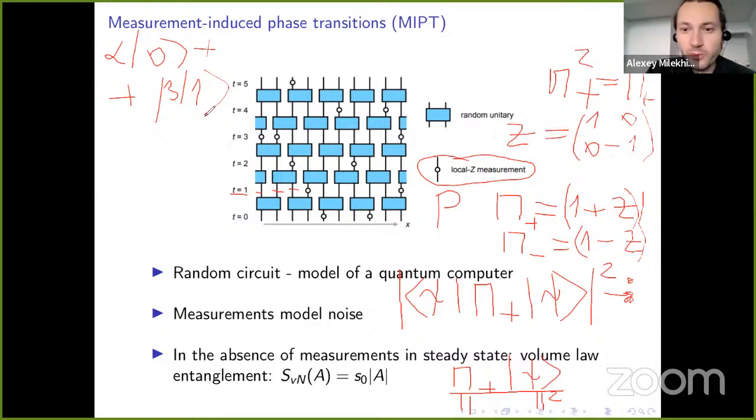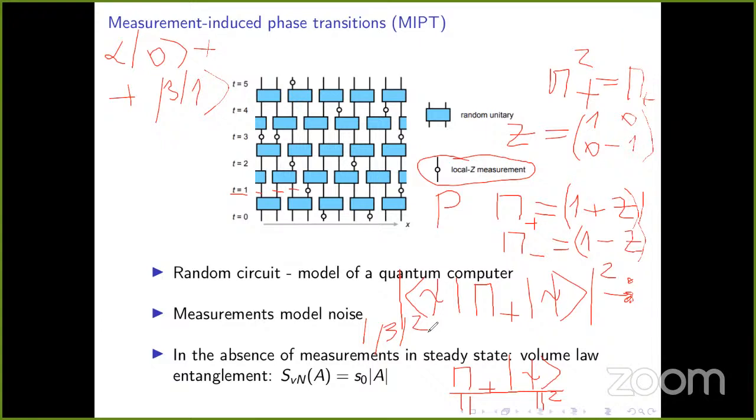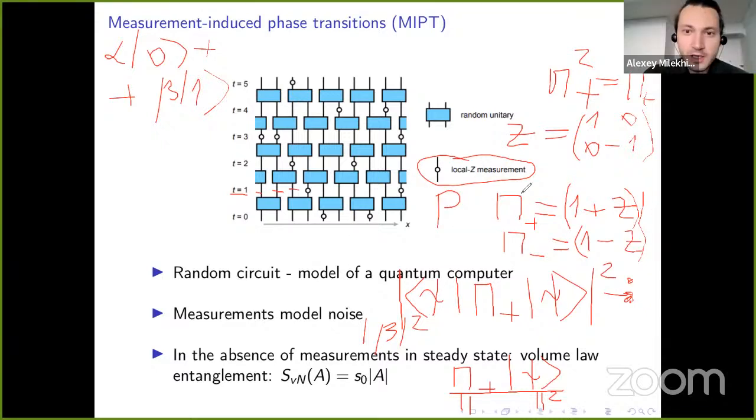And then this formula, for example for P plus, will select the absolute value of beta squared. I mean, the usual Born rule. Okay. Thank you. It's a toy model for the noisy environment of your quantum computer, that it interacts with some classical environment. From time to time, it causes the wave function to collapse on a specific state.